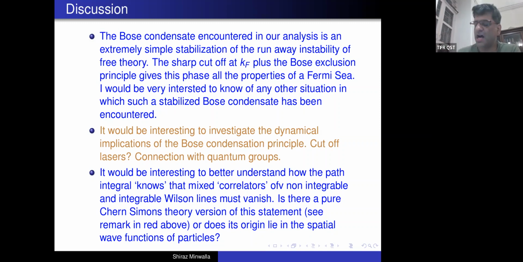Non-integrable representations in the case of, let's say, SU(N)_k theory are simply those representations whose Young tableau has a first row greater than k, where k is the level of the theory.